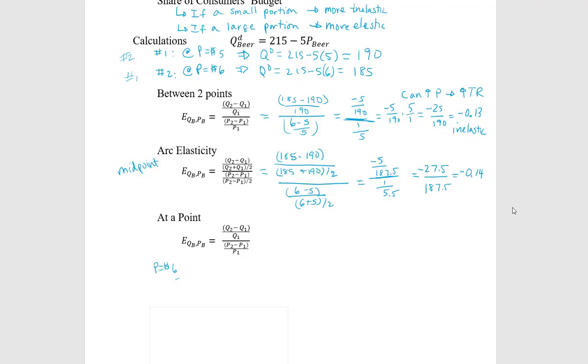So I'm going to do just a little bit of derivation just because I want you to see that this is coming from the same equation that we already had. I'm going to take Q2 minus Q1 over Q1 and leave it right there, and I'm going to flip the denominator and multiply. So P1 over P2 minus P1, I can do that, right? That's just flipping and multiplying. And then I'm going to rearrange things.